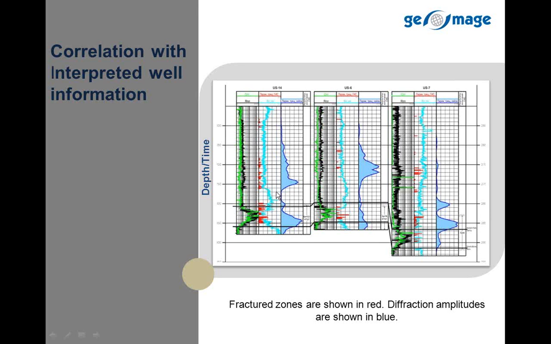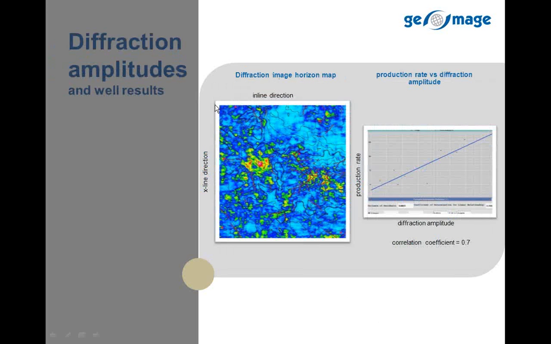These are three different well locations. Finally, we constructed a diffraction image horizon map, and the cross plot shows a very good correlation.